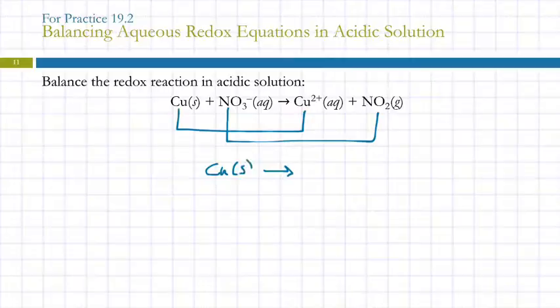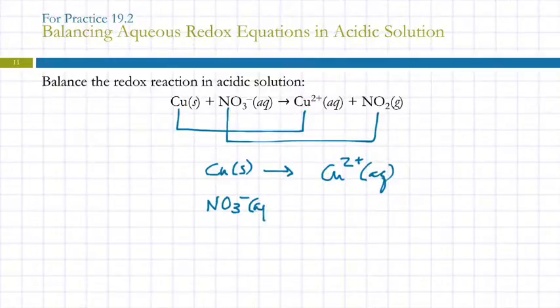So solid copper is going to go to copper 2 plus ion. And nitrate ion is going to go to nitrogen dioxide gas.